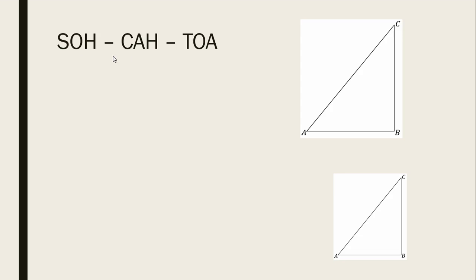So there's something called SOHCAHTOA, which you may or may not have heard of before. It stands for sine is equal to the opposite over hypotenuse.